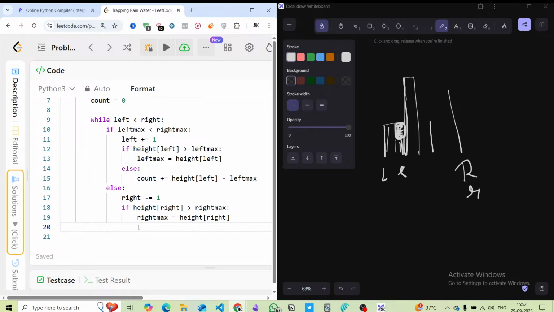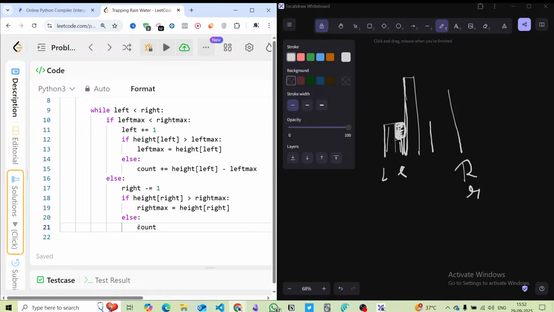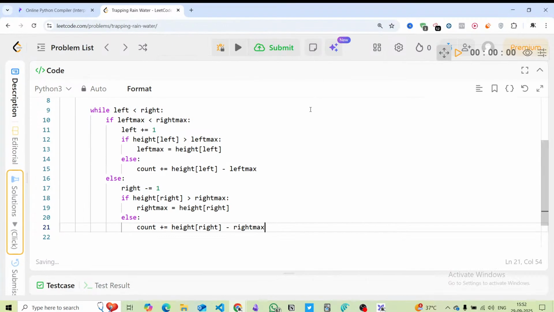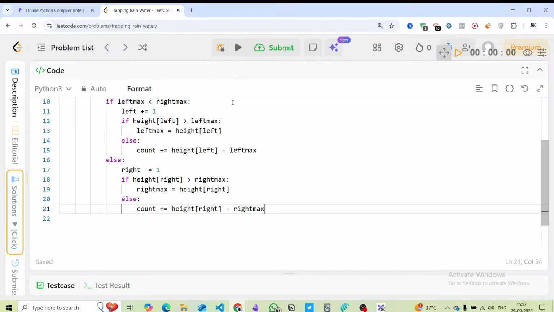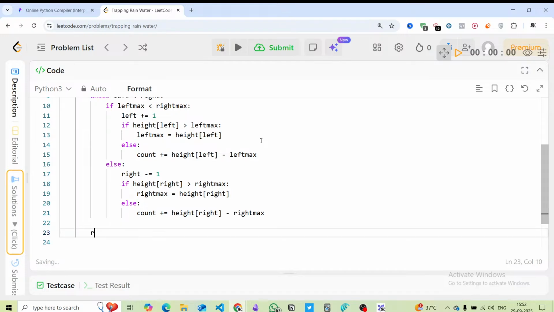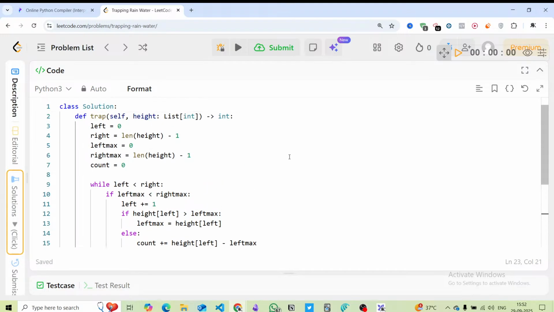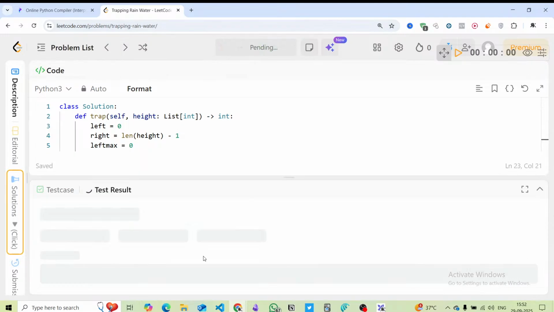And if it's not, simply add it to the count variable. Just check it out what we need. So finally, what we need to return is the count. So yeah, we just try to run.